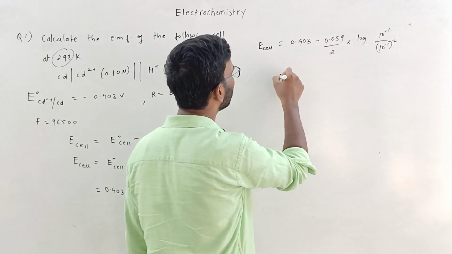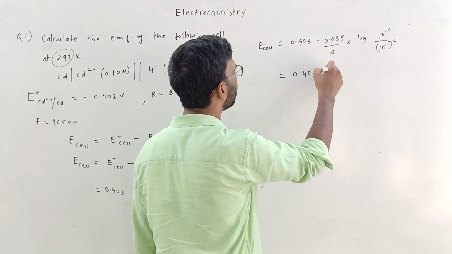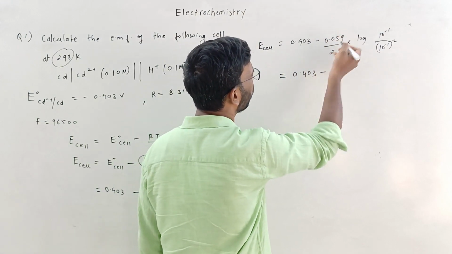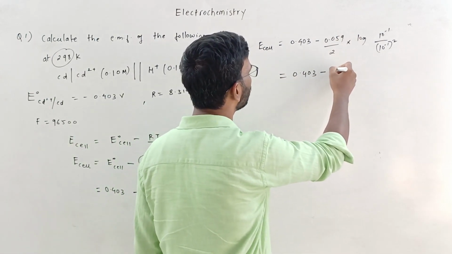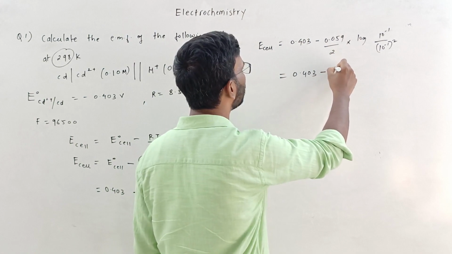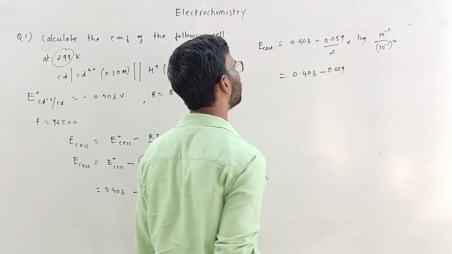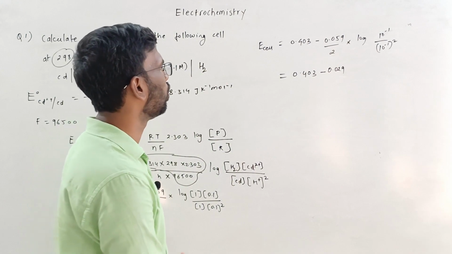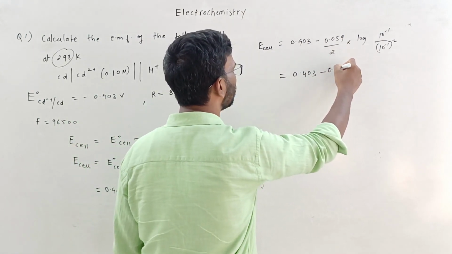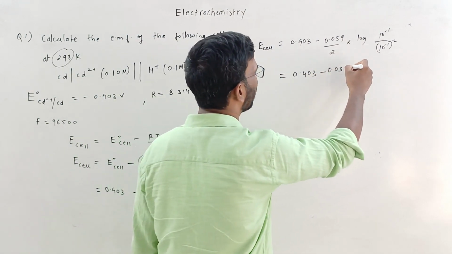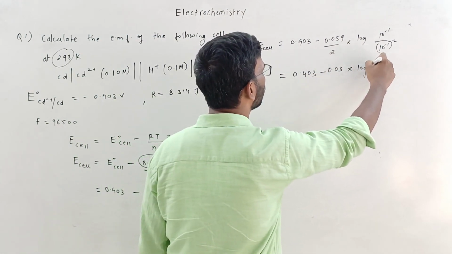So again 0.403 minus, this is 0.059. See, we can write this as close to 0.029, or we can write this close to 0.03. I'll write the 0.03 close value into log of 10.